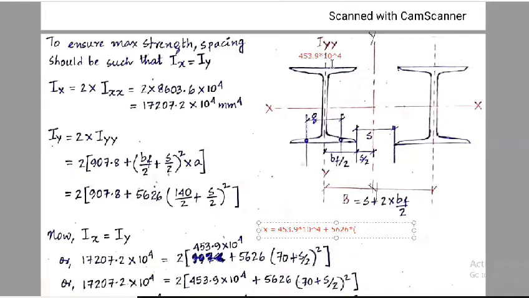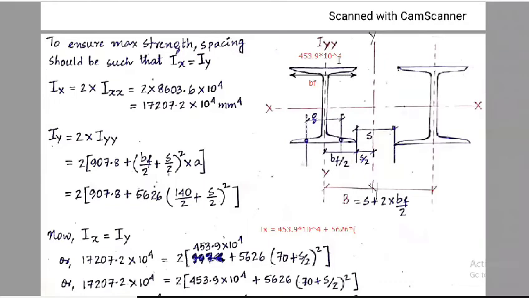The perpendicular distance between these two axes. So how will you measure the distance between these two axes? You know the width of this flange, which is equal to BF, right?